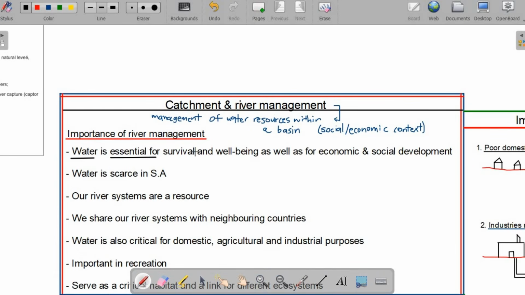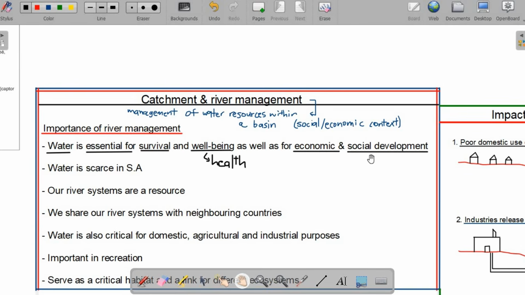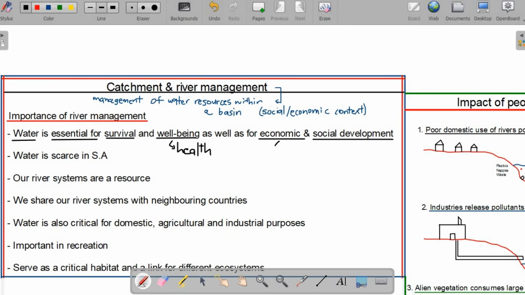So first of all, water is essential, right? This is essential for survival and well-being. We all know that we cannot live without water, and that this is very good for our well-being, our health, guys, right? Not only for our wealth, but also this is beneficial in terms of our economy as well as in terms of the social domain. So through water, we are able to produce products such as your fruits and veggies, okay?